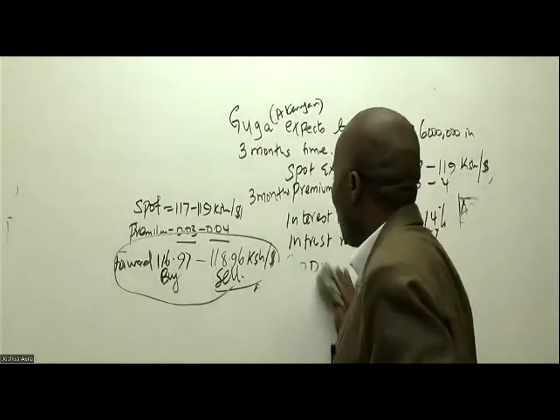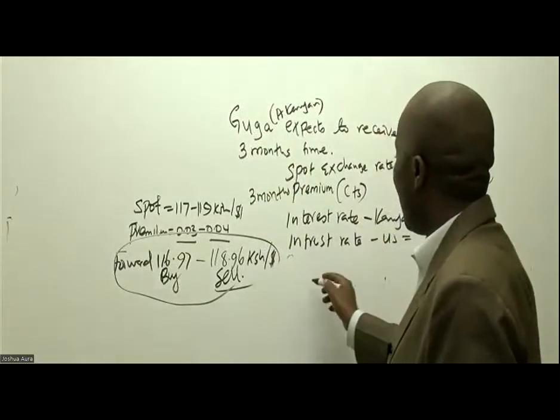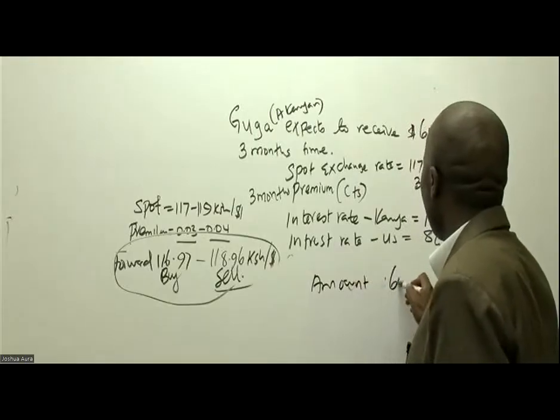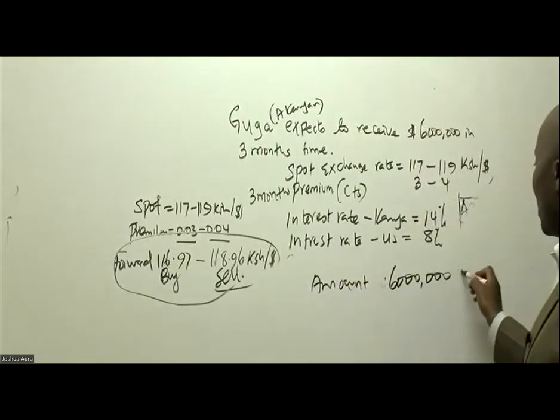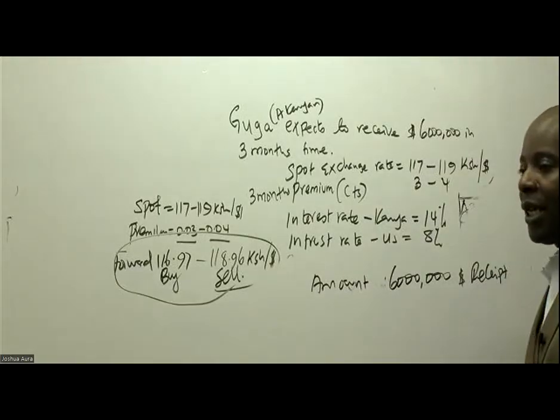Now, when it comes to forward contract, I need two things. Number one, the amount. The amount in this case here is $6 million, which happens to be a receivable or a receipt.